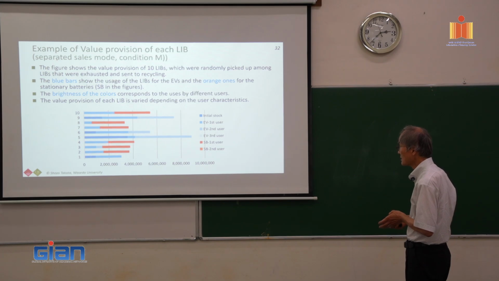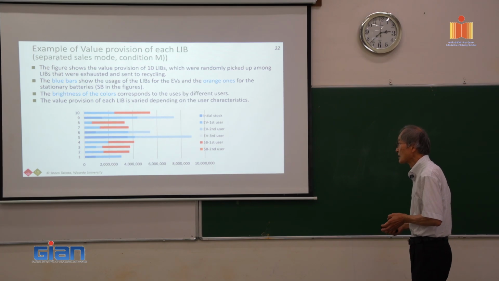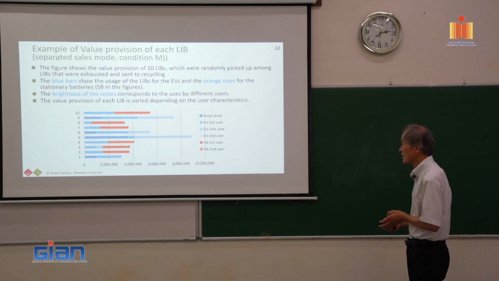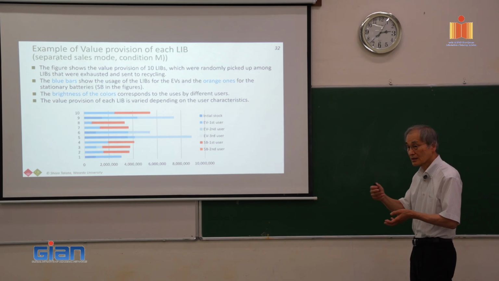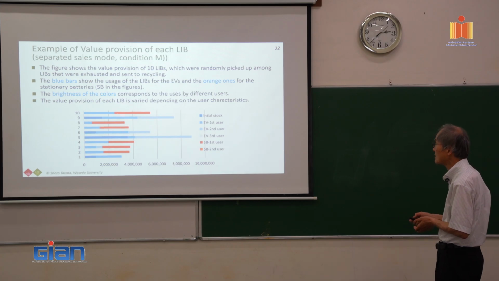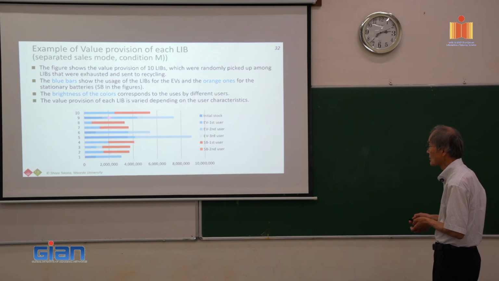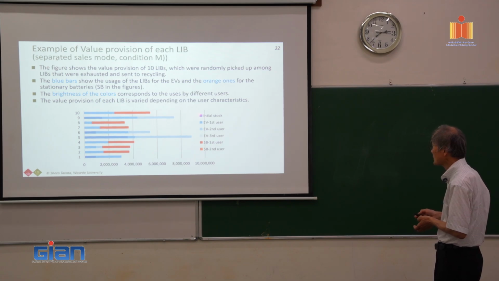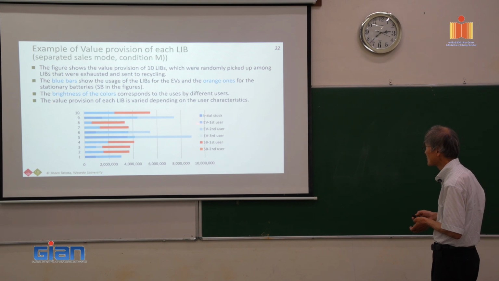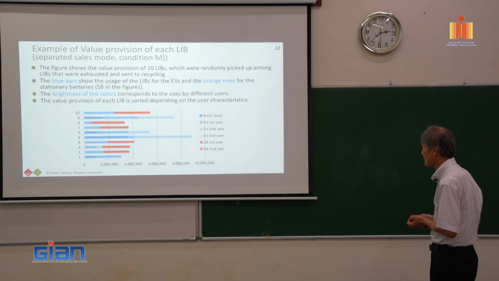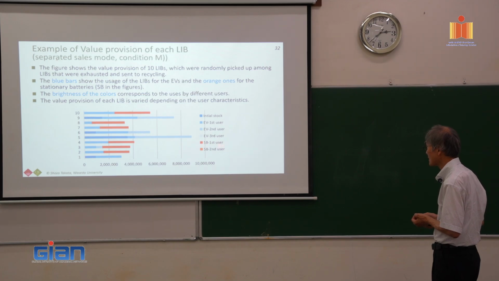This is just 10 ribs picked up from the 1,000 ribs, and so the dark blue is an initial stock, and light blue means the first user, second user, third user, and the orange means stationary battery user.